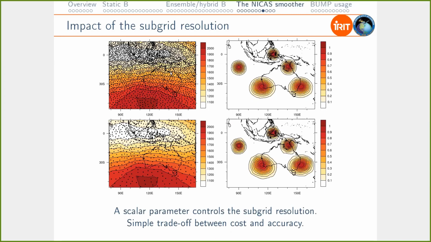Here at the top, we have a quite dense subgrid, and we have very smooth and nice functions on the right. And at the bottom, we have a subgrid with a smaller density, so it's a lot cheaper, but the functions that we get are a bit bumpy. This subgrid density can be tuned with a single scalar parameter, and it's a good trade-off between cost and accuracy for the Nicas method.